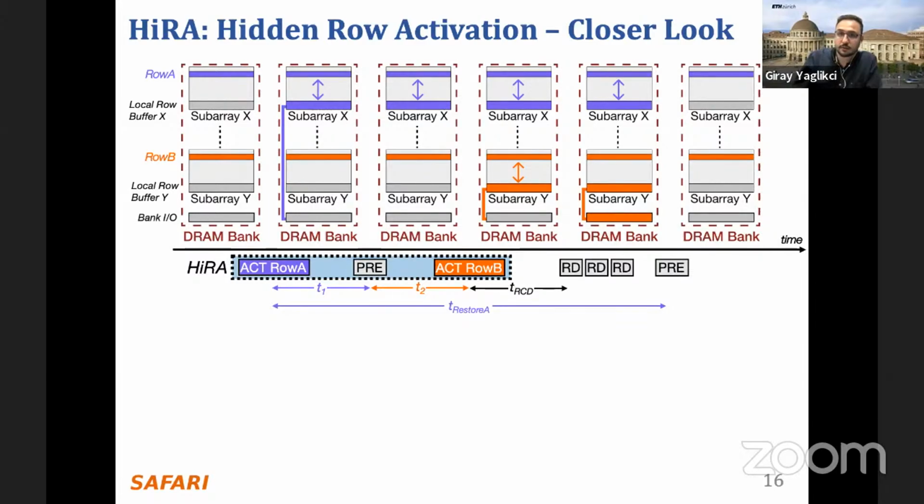When we look at the restoration latency that row A experiences, it is this much, T restore A. The restoration latency of row B is also here, and you see which latencies are overlapped.